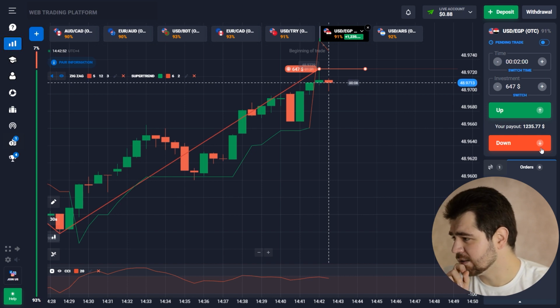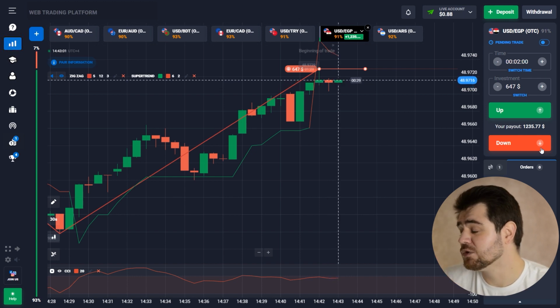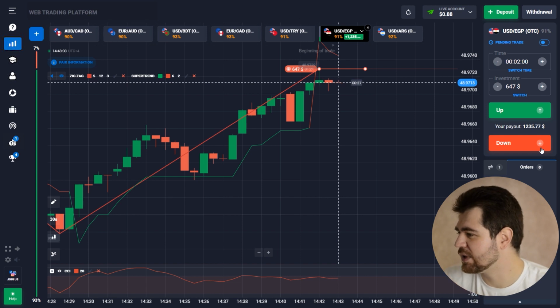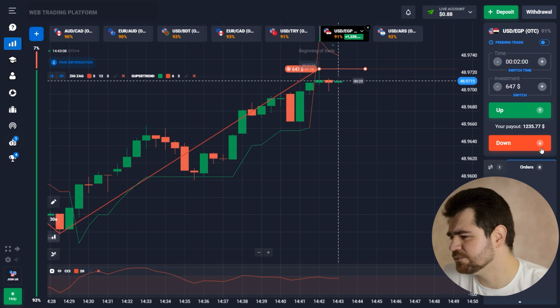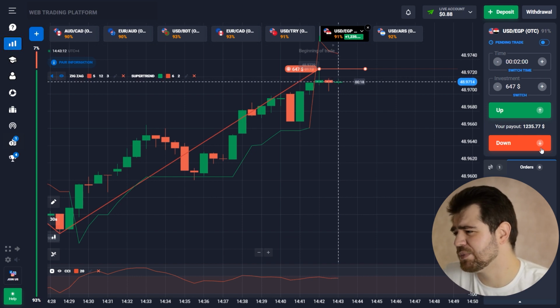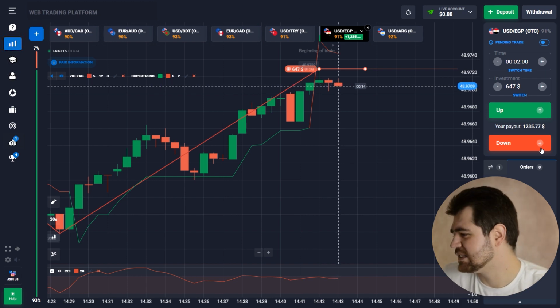Well, pullback, I mean, we're likely to have the price dropping. Obviously we don't know for how long, but that's why I call it a pullback. But it's not really a correction. Basically we're waiting for the price to start dropping. It started losing its power. So that's the idea behind that.